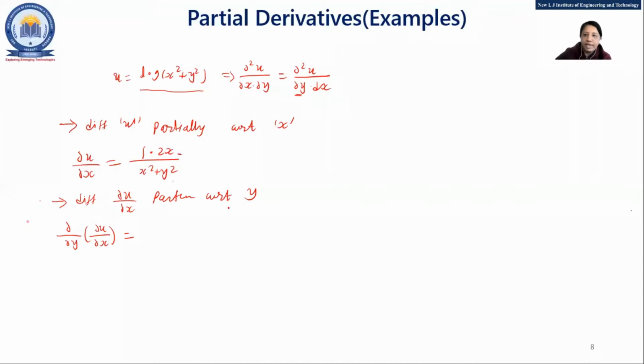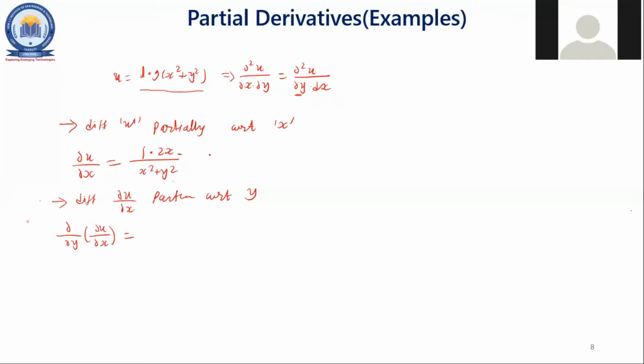So you will have to apply which rule? Yes, Jainil. Answer will be minus 4xy upon x square plus y square, whole square. I want the intermediate step because many students are not getting this rule. That's why I took this example. Many are confusing when to apply the division rule and the multiplication rule, right? So I want the intermediate answer.